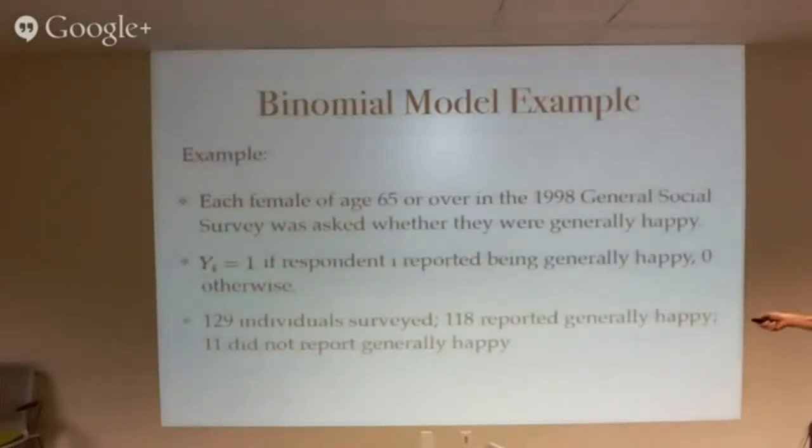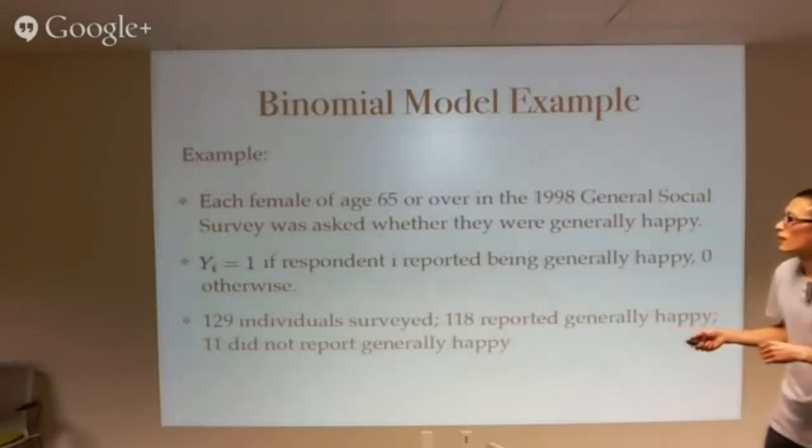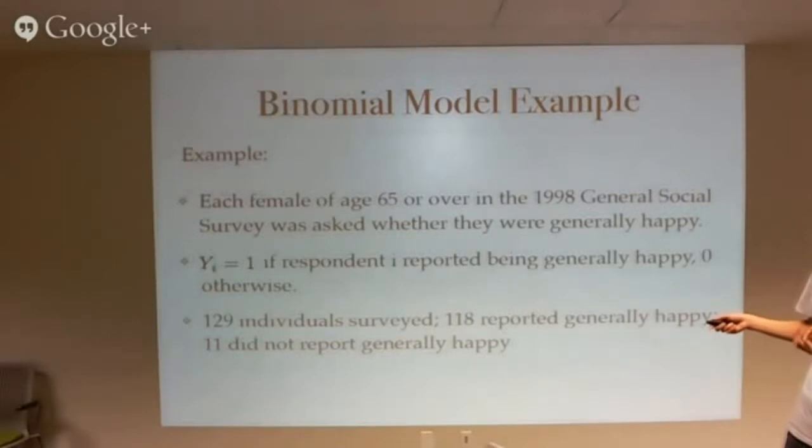Okay, and I will give you an example. Then I will show this example in R. So how to do that? This example is each male and female of age 65 or over in the 1998 General Social Survey was asked whether they were generally happy, and y is equal to 1 if the respondent reported being generally happy, 0 otherwise.